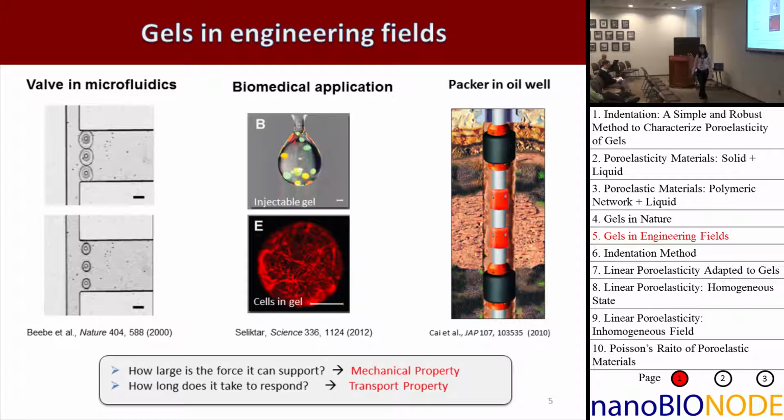So in all these applications and many other applications, the important questions that people usually ask are the following: how large a force does it generate, and how long does it take to respond? In order to answer these questions, and in order to have good control in material design and structure design, we need to characterize the mechanical and transport properties of the material quantitatively, right?